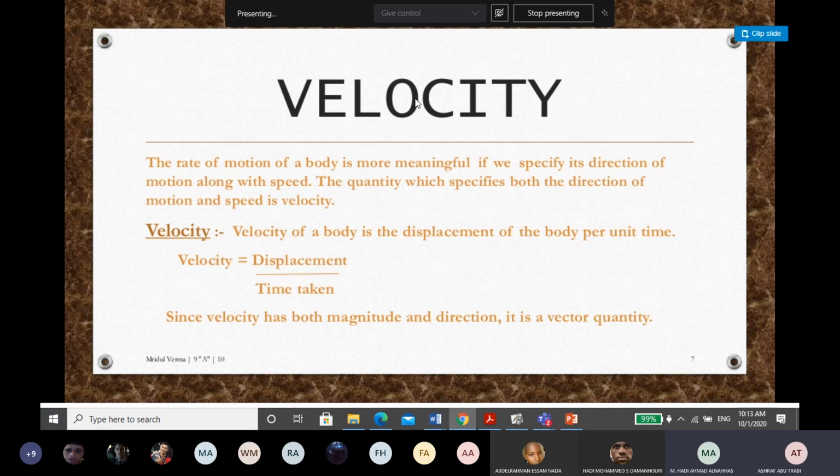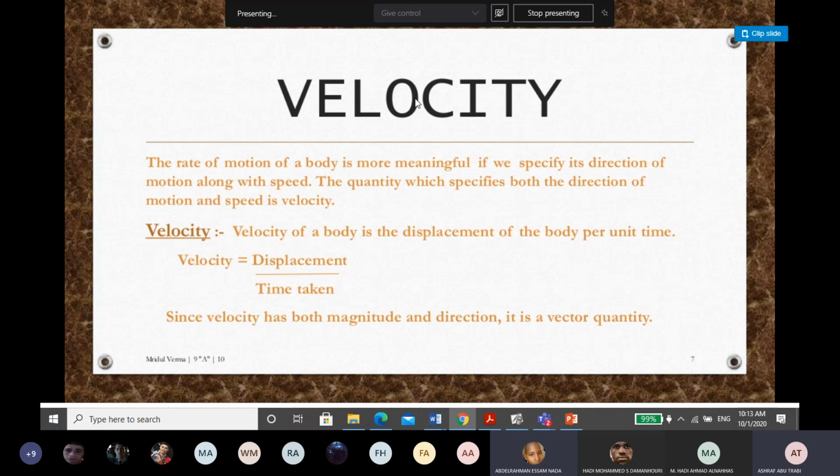This is the difference between scalar and vector. Scalar is without direction. Vector is with direction. Scalar is just a magnitude, without specifying any direction. But vector specifies the magnitude and gives the direction.